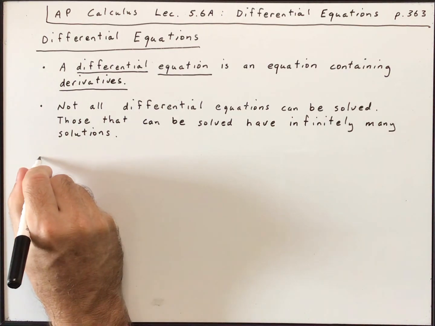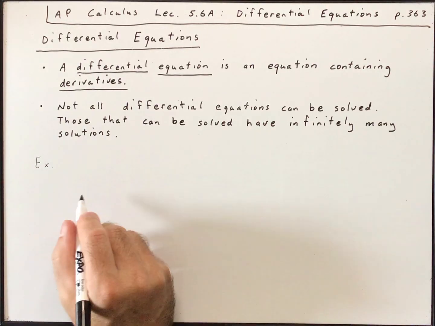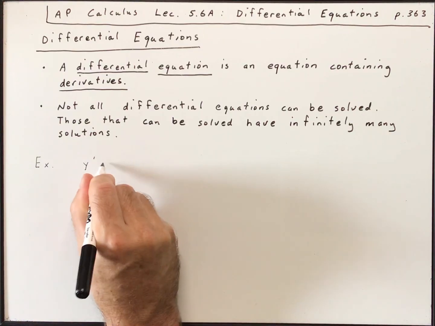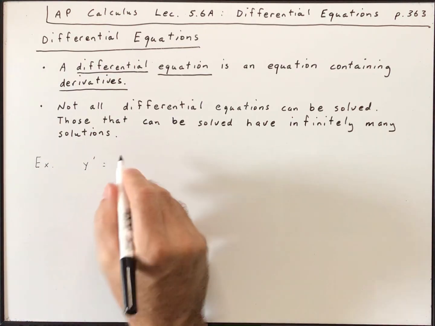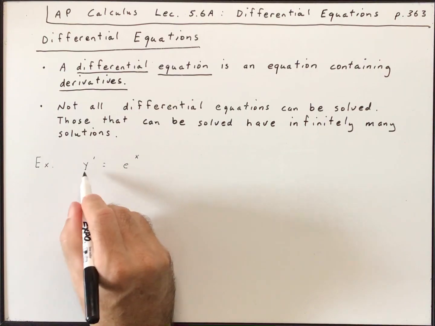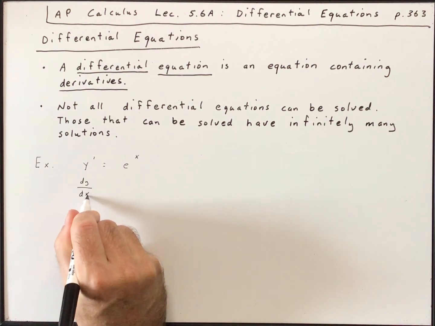Okay, so our first example is going to be just about the simplest one you can get. So let's say we have y prime is equal to e to the x. So you want to rewrite the y prime as dy dx.